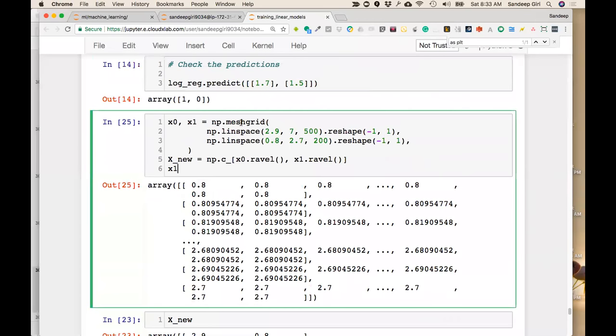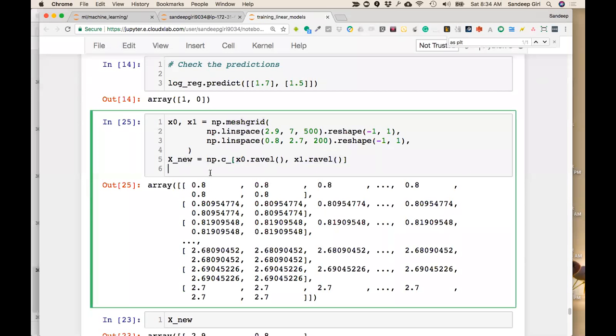No, actually, meshgrid is doing something else. Yeah, I'll show you. Meshgrid is actually, the concatenation of columns is happening here.